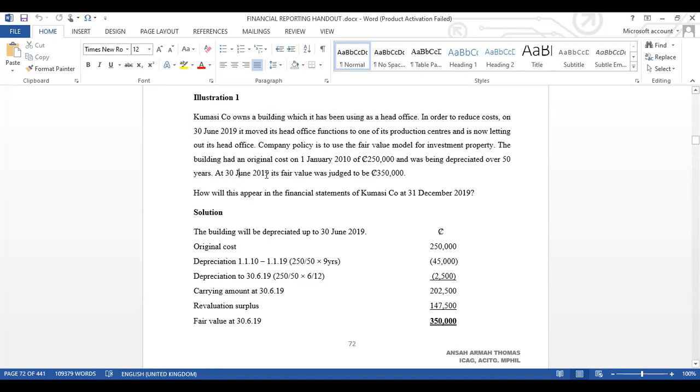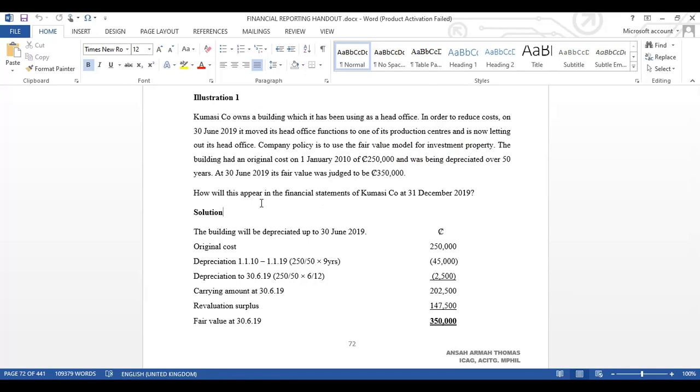At June 2019, the fair value was judged to be 350,000. So because it was using it, you need to find out what was the carrying amount up to the date they transferred it into IAS 40, investment property.